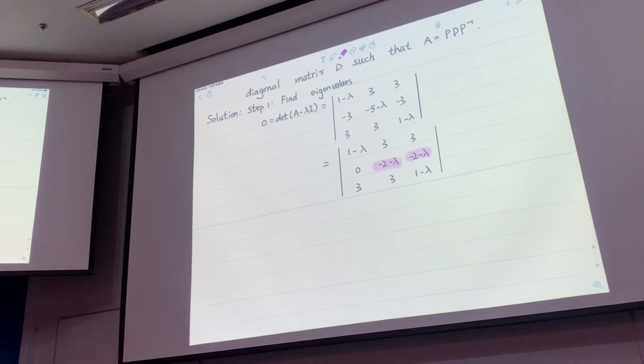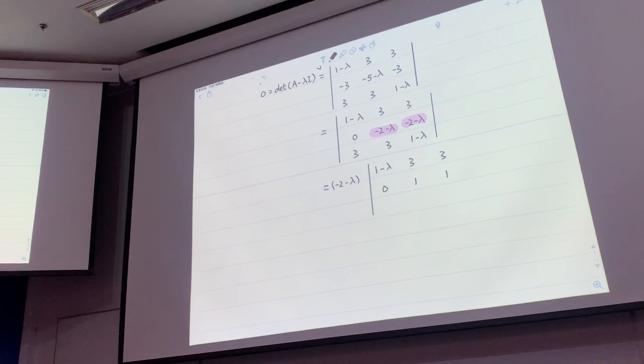We have a common factor, we move it out first for sure, right? 3, 0, 1, 1, 3, 3, 1 minus lambda.